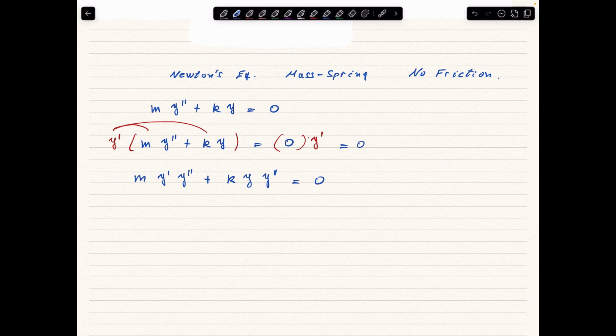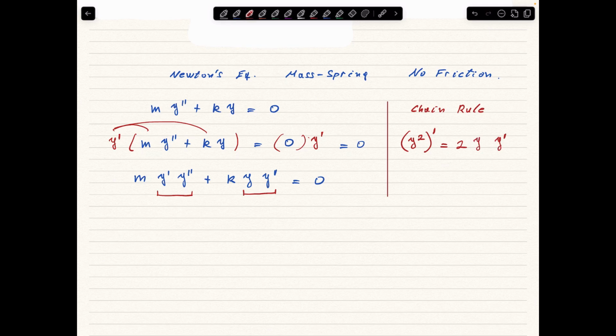So now let's take a closer look at this product and this product here. And let's recall something that we should know from our previous calculus classes, which is the chain rule for derivatives. For example, suppose you have a function y squared and you compute the derivative. What is that equal to? Well, because of the chain rule, that is equal to 2 y y prime.